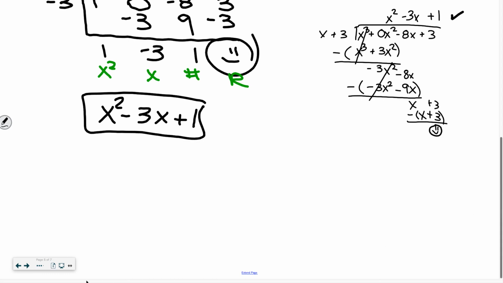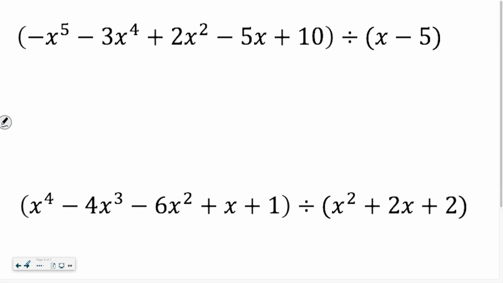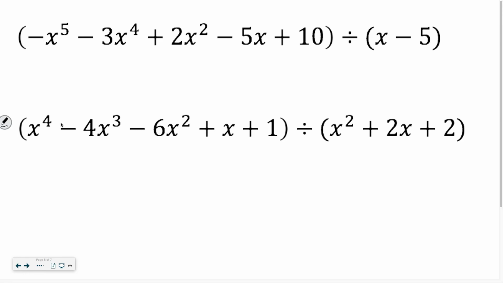Okay, I've got 2 I want you to try. Now, before you get started on these 2, which division method could you use for the first one? Look at your divisor.